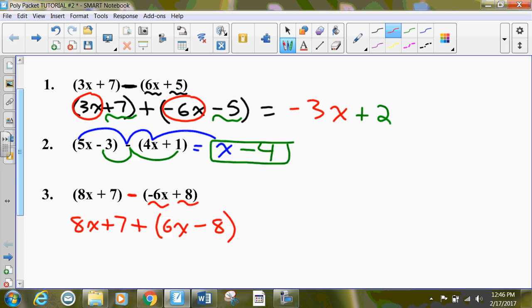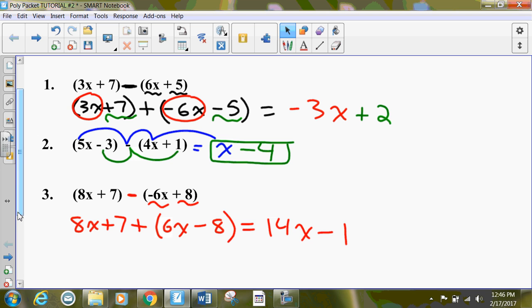Technically, what we're doing is we're distributing the negative sign. Also, we could be factoring out a negative sign. But for the reasons why we're allowed to do it, you just know that you can use this method to do it. All right, 8x plus 6x, that's 14x. 7 minus 8, that's negative 1.